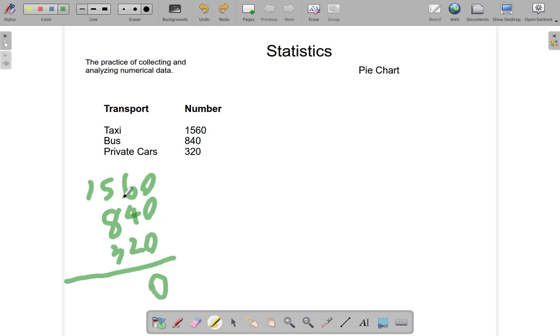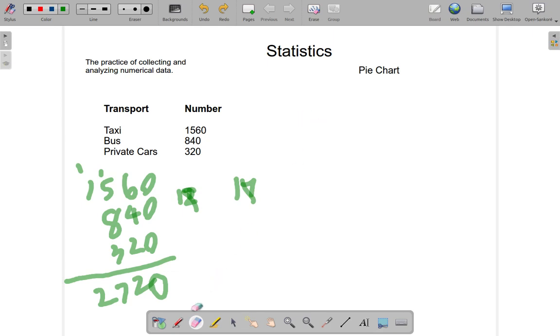This is 0, 6 and 4, 10, 11, 12. Bring down 2, carry 1. 5 and 1, 6. 8 and 6, 14. 15, 16, 17. That's 17. Bring down the 7. Carry this 1, 1 and 1, 2. I have 2720. 2,720 travelers in total.